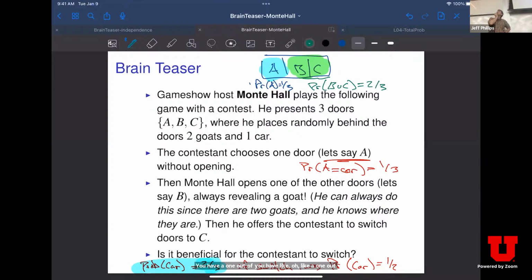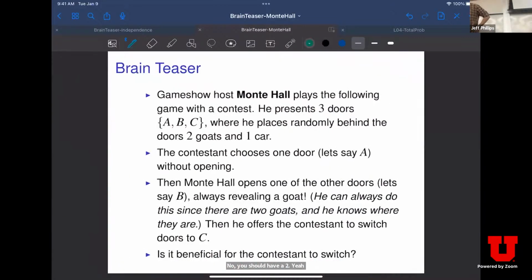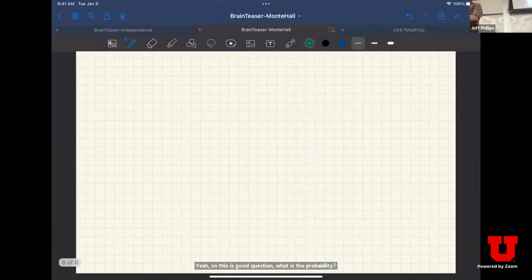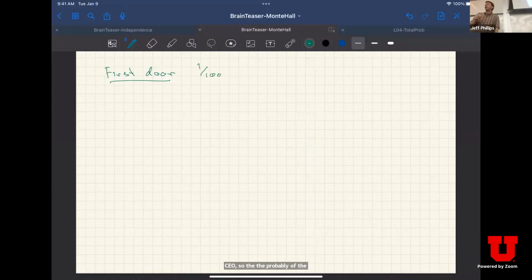No, you should have a 2... Yeah, this is a good question. What is the probability you get the goat on the second try? So the first door, you have the probability of getting the car is 1 out of 100.